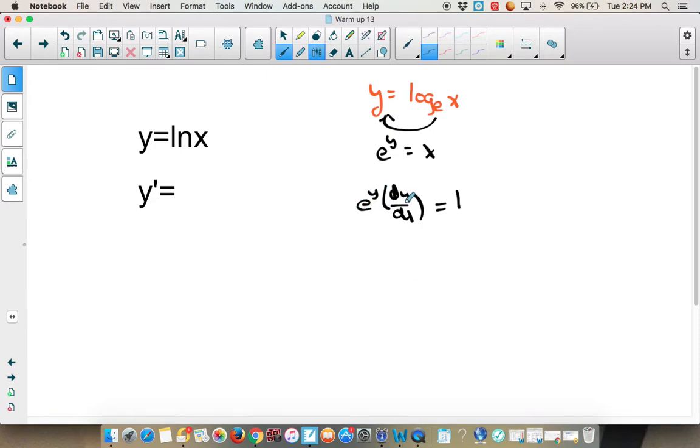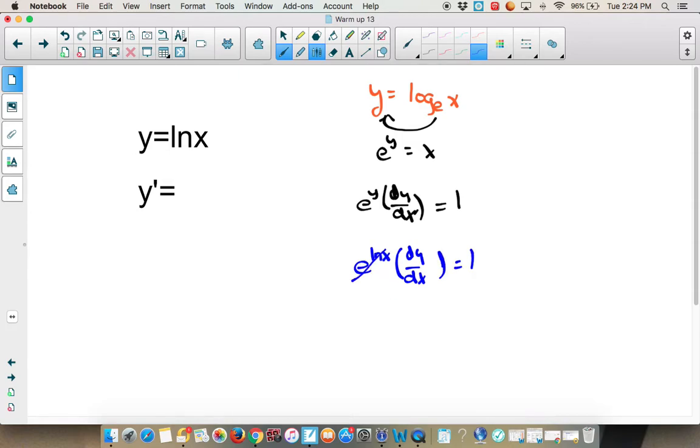Well, the problem is I need to solve for dy dx. So that's e to the y, and y is ln x, so that's e to the ln x times dy dx equals 1.